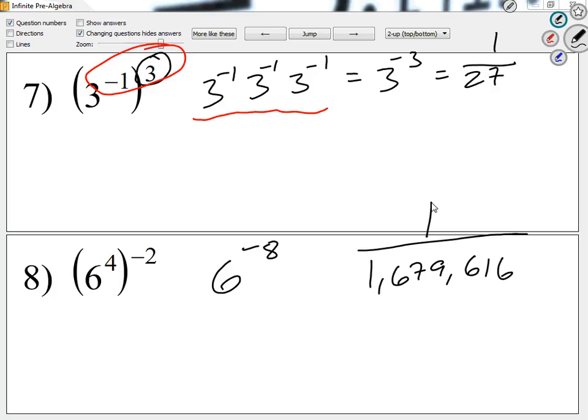Some of your numbers might be a little bit too big. Depending on your calculator, it might give you a number and then say E, and then give you a number. For example, it will say 1.68 E4. Do me a favor and write that on your answer, because it's giving you what we're going to call scientific notation.